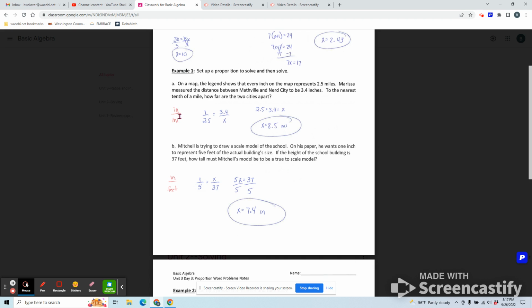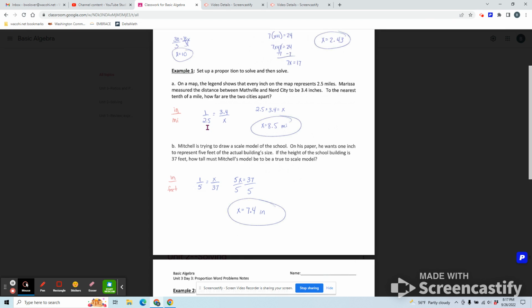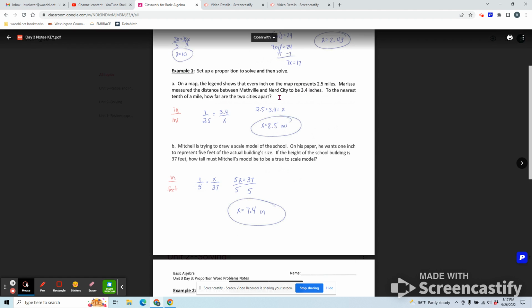Over in red, and you'll see this in my other examples as well, I'm identifying what I'm comparing. What is my ratio? Well, I'm talking about inches and miles. It said for every 1 inch, it was 2.5 miles. So I have 1 over 2.5 equals 3.4 inches.